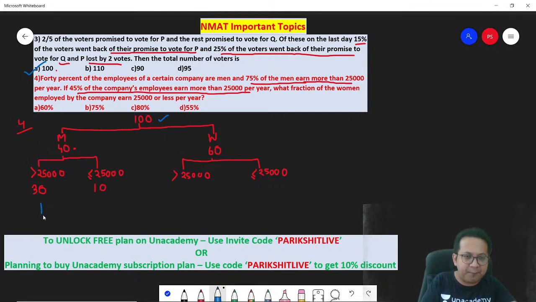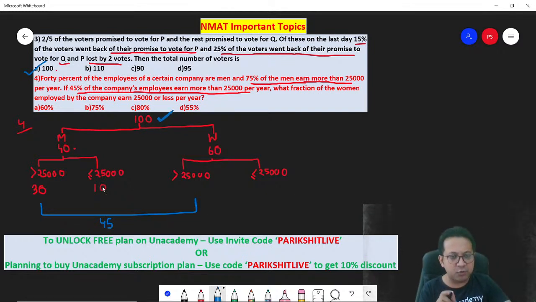So 45% means a total of 45 employees should be earning greater than 25,000. If the number of men is 30, obviously the remaining has to be females. 45 minus 30, 15 are females.